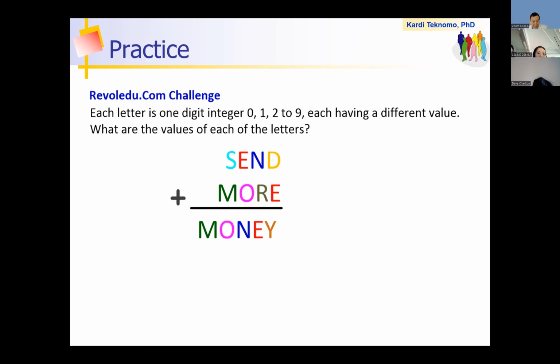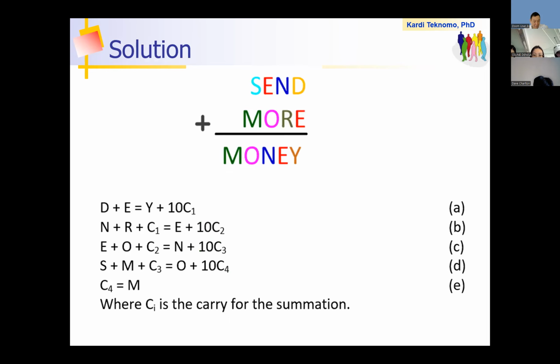Okay, so what you need to do is put it into algebra, 1 by 1. So you have d plus e equal y, correct?